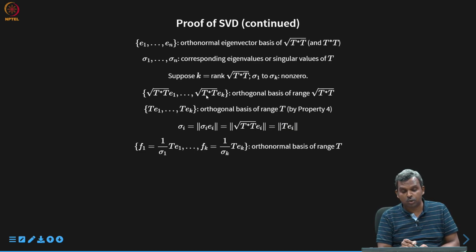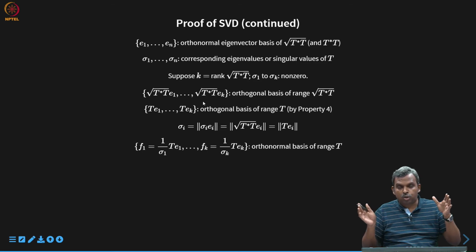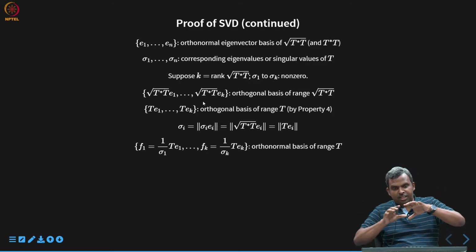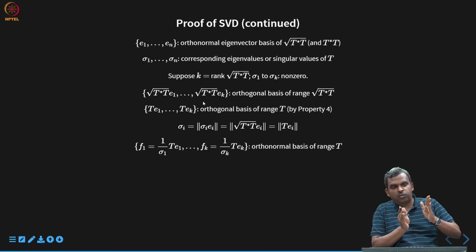Okay, so this is the crucial idea. You have an orthonormal basis for the entire vector space V. Some of those vectors form an orthonormal basis for the range of square root T star T. You simply scale them suitably to get to the square root T star T form.